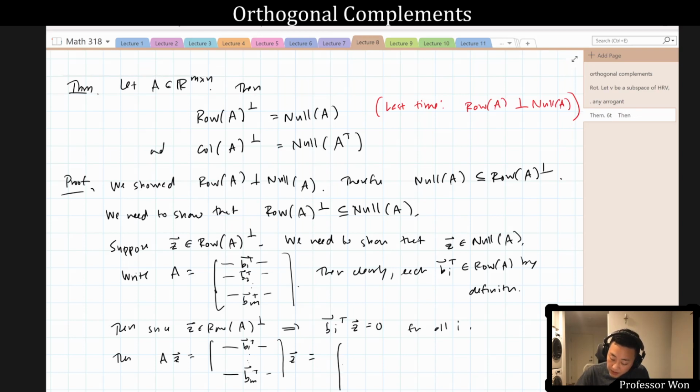The way that you get this is you just multiply each of these rows by Z, and you put them in a vector. And each of these now is 0, which is just the 0 vector. This means that A times Z is 0, which means exactly that Z is in the null space.